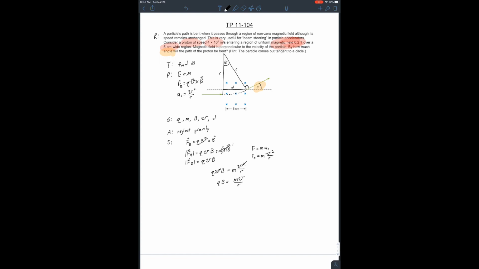Now I'm not given any information about the radius, so I want to go back to my drawing and see if I can pull a relationship that gets me closer to the quantity I'm trying to find, theta. And sure enough, I can use that the sine of theta is equal to d over r. If I rearrange and solve for r, I get r equals d over sine theta. So now I can take this quantity and plug it into my equation down here.